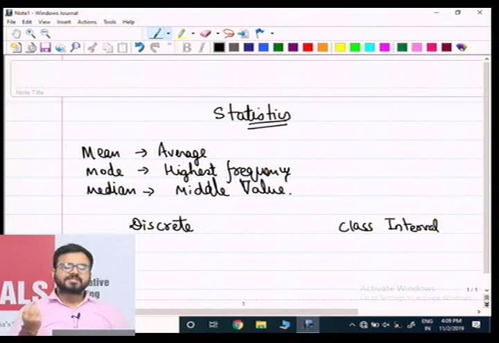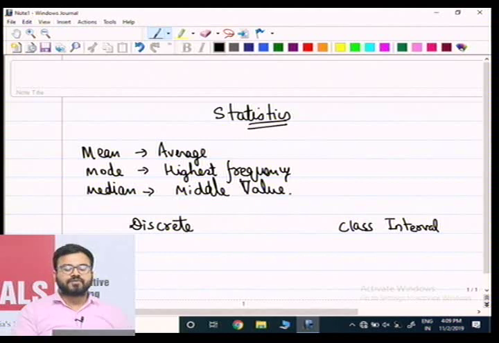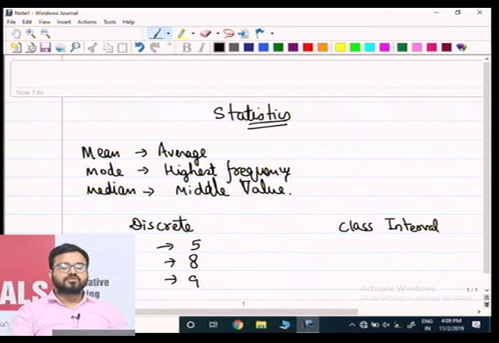Discrete data means, suppose you are measuring the height of different students in a class. If I say the height 5 feet 4 inches, exactly 5 feet 4 inches, 5 feet 3 inches, or 4 feet 11 inches, and I say that at 5 feet 4 inches there are 5 students, here there are 8 students, here there are 9 students, in this way, we are finding the exact, discrete values: how many students are there of this height and that height.